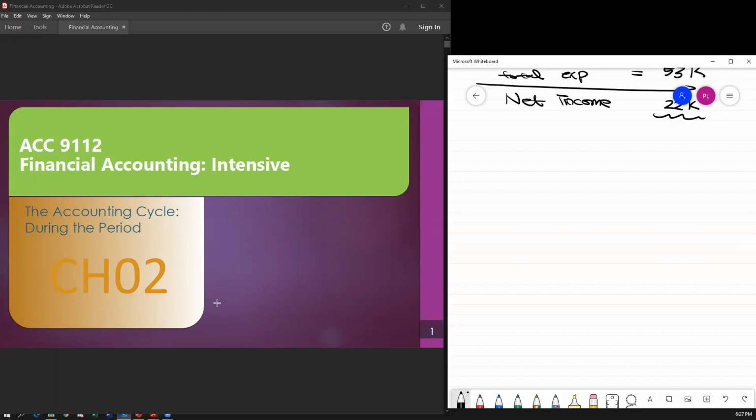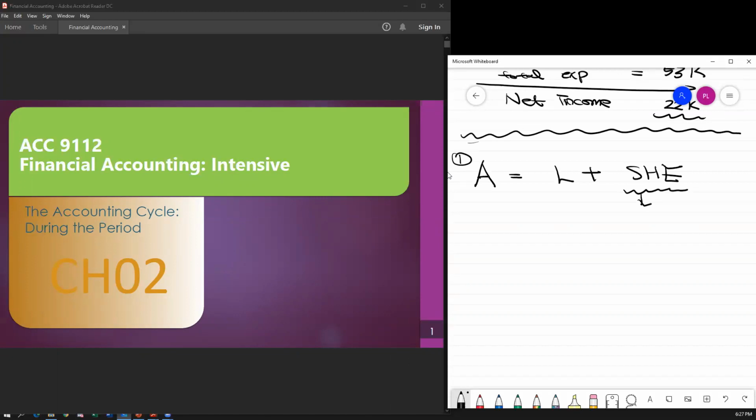So let me just talk about some of the things that are very important before we get into chapter 2. Again, we have assets equals liability plus shareholders equity. Okay, this is the number one accounting equation that you have to memorize. Now, shareholders equity equals retained earnings plus common stock plus, for example, preferred stock.